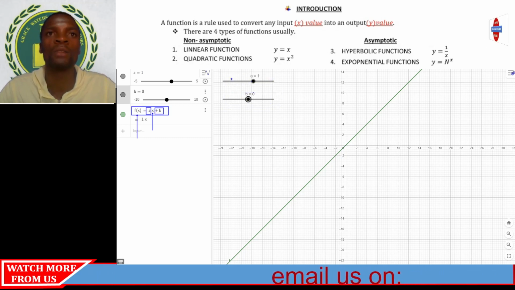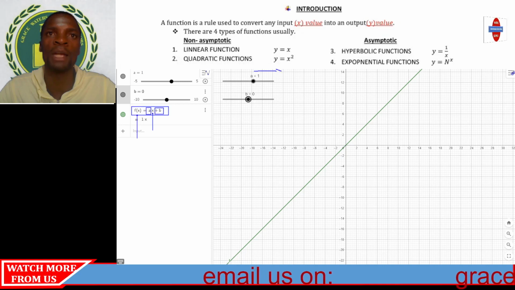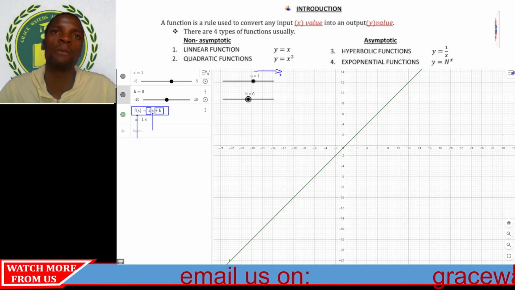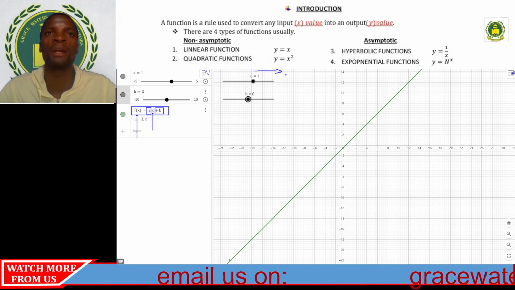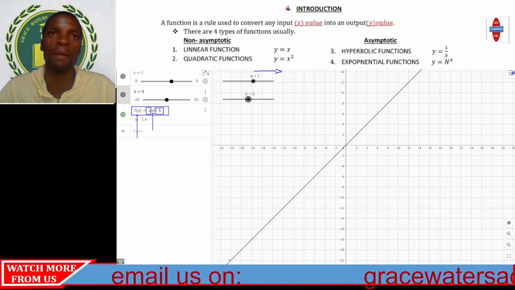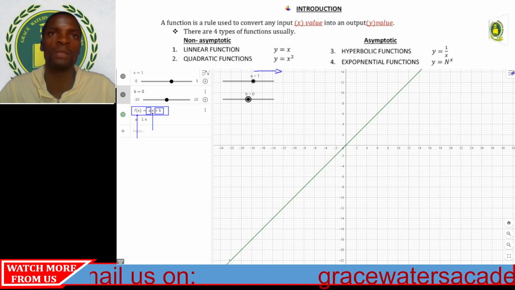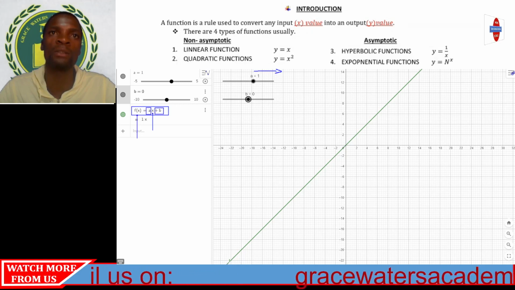All right, let us consider those changes very quickly. As the value of a gets bigger, as I said, we move to the right. As the value of a gets bigger, the graph is going to be thin, and when it gets smaller, the graph is going to be thick.